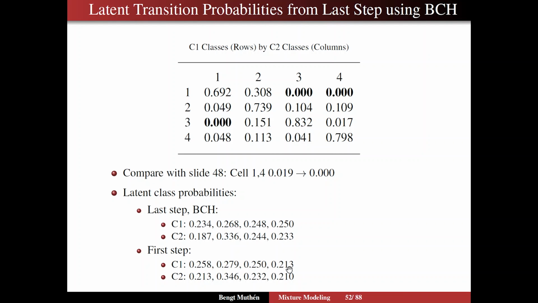This one, 0.213, is smaller than 0.250, whereas here it's the reverse, not by much, but still, there seem to be a little bit bigger differences, and BCH doesn't do as well here, it looks like, in this single analysis. And in that case, you may want to contemplate trying out two-step analysis and see how that works.